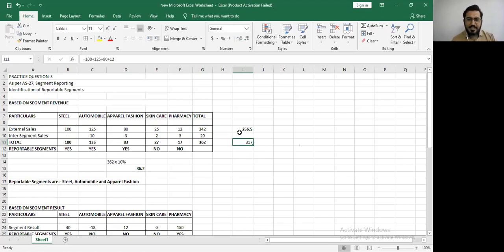Does 317 exceed 256.5? Yes. That means the 75% additional condition is also getting satisfied. Because your 75% additional condition is also getting satisfied, no more disclosures are required. We are satisfying the second additional condition as well.